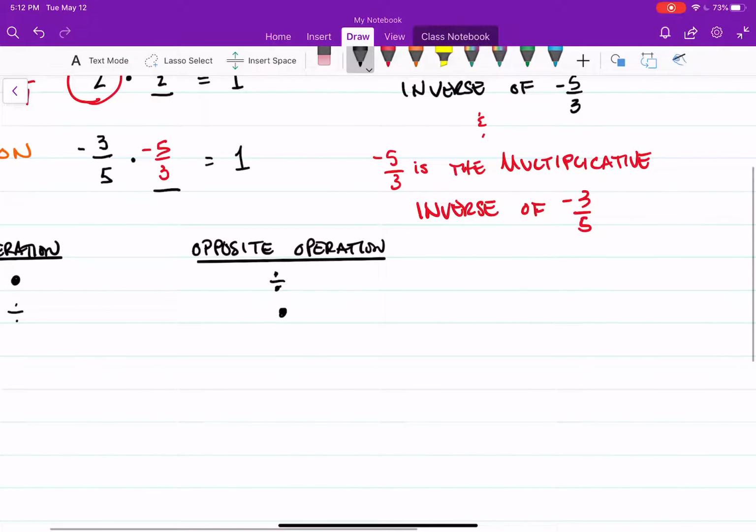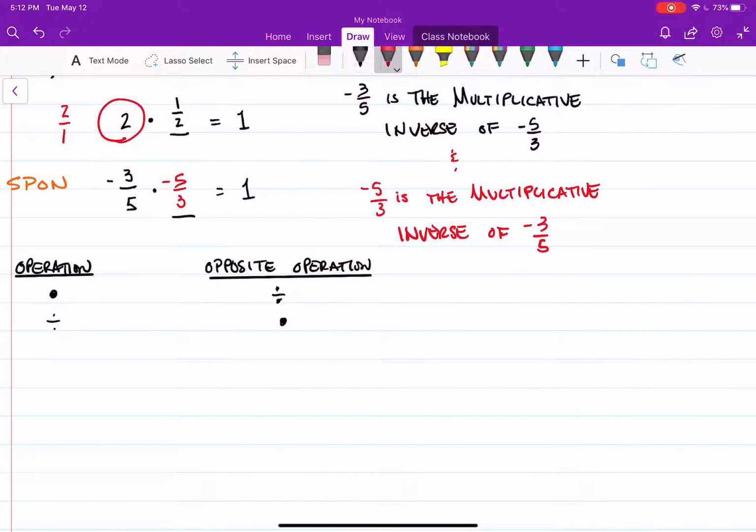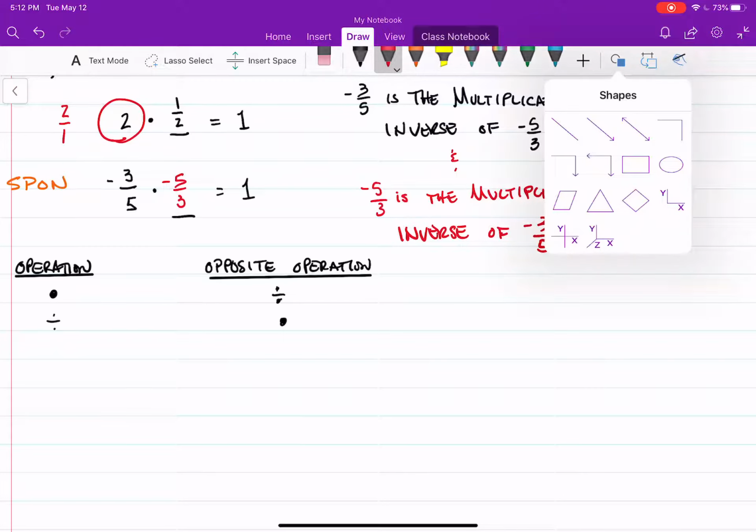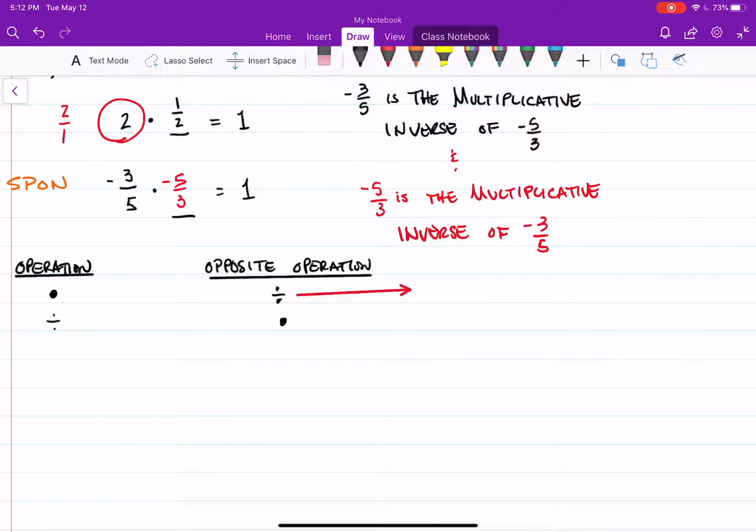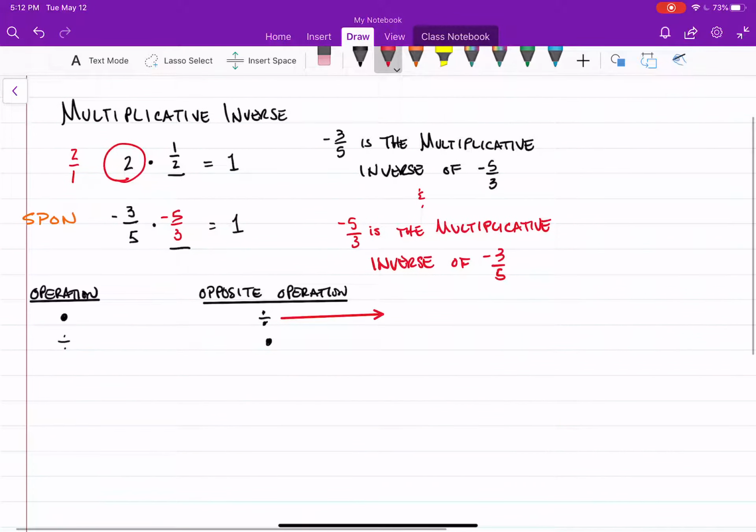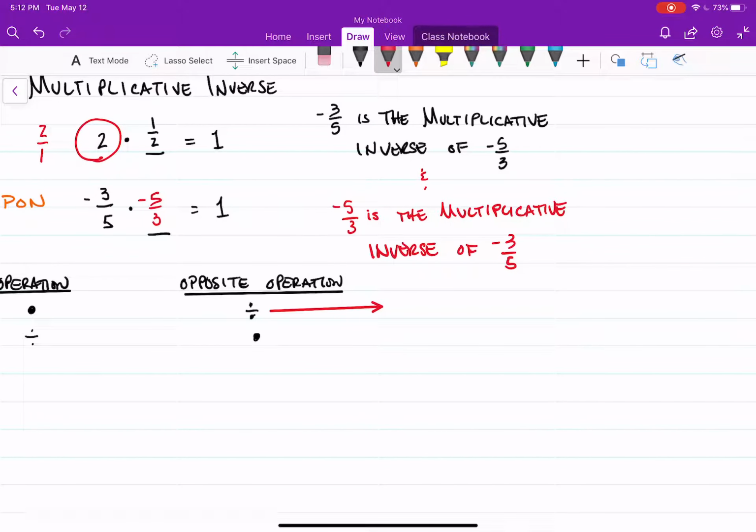So here's the thing. The opposite operation of multiplication is the same as multiplying by the inverse.